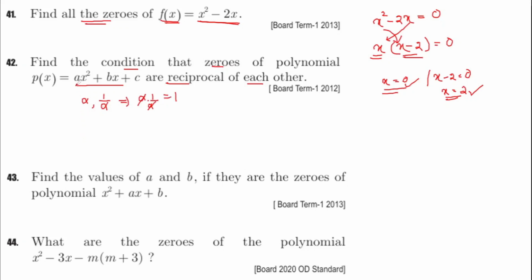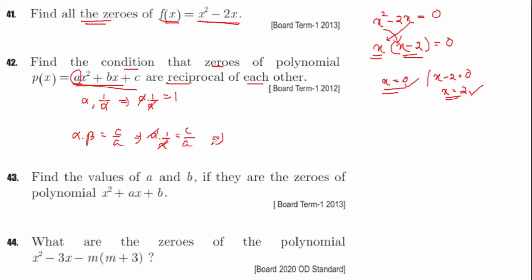So we know that in this polynomial, alpha into beta is equal to your c by a. But in place of beta, we can write alpha and 1 by alpha. And in place of c, that is c, and in place of a, there is a only. Now this will get cancelled and gives you 1.